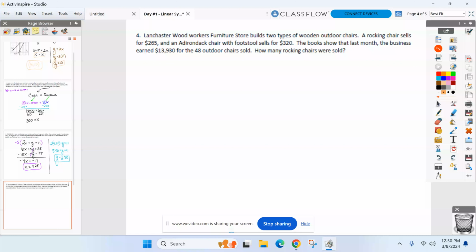I'm an X and Y guy. If you want to call this A for Adirondack and R for rocking chairs, that's your call. I'm going to start off with x equals number of rocking chairs, going against the grain here today, and y will be Adirondack chairs.